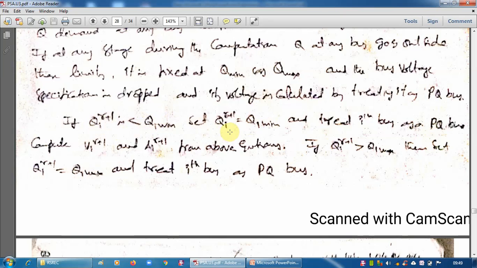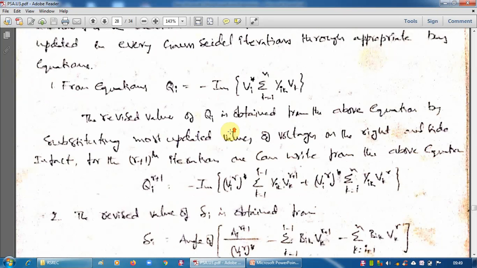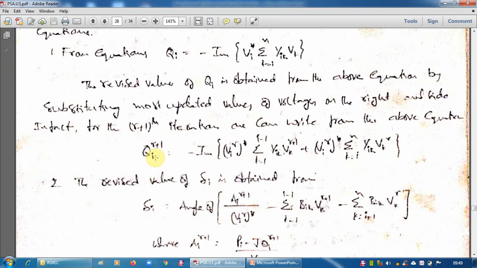If those limits are given, then in the calculation of Q, we have to check whether this calculated value of Q is within the given limits or not. So first calculate this value, then check the limits.